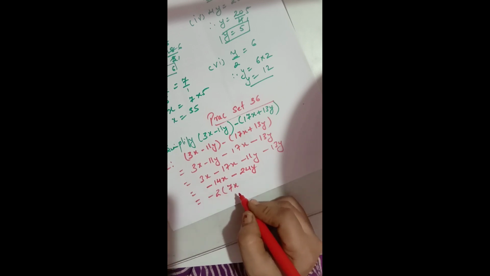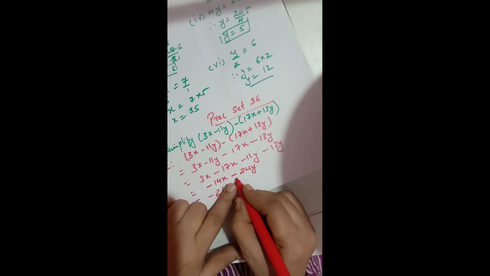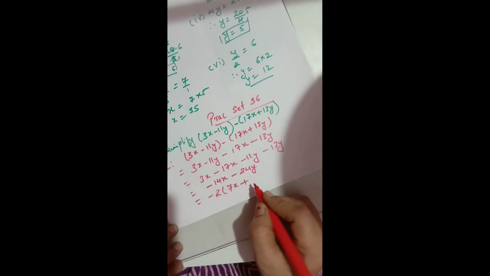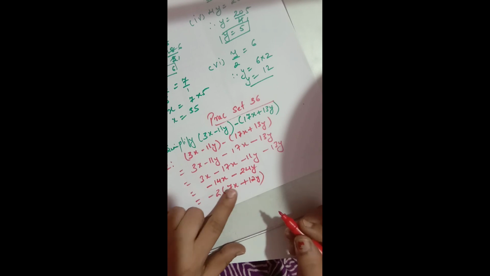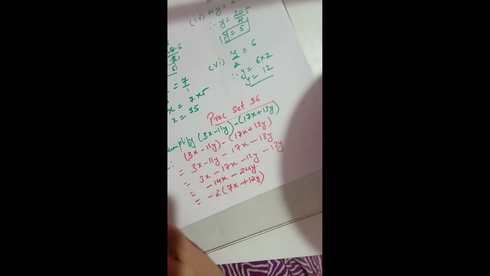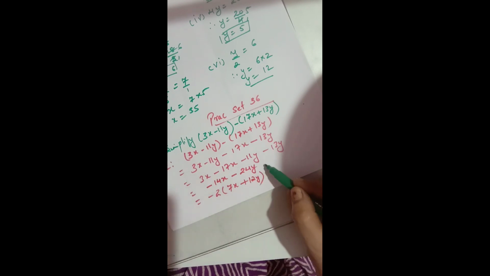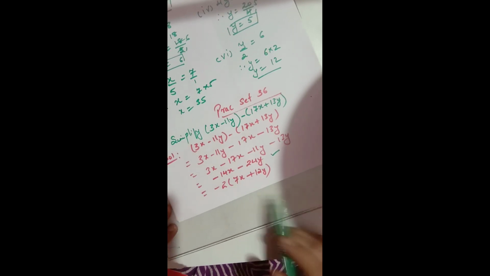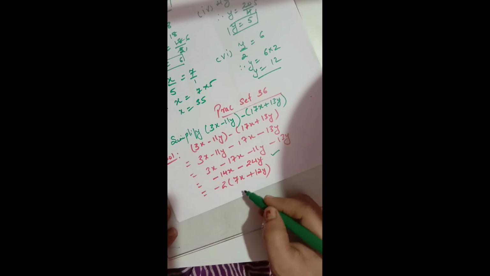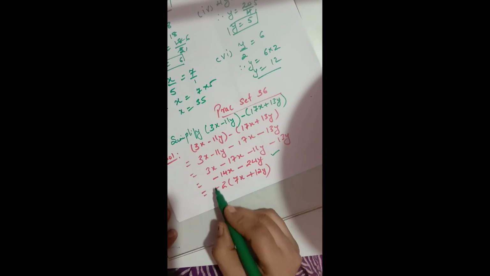This is equal to minus. Now here see children, in the option what they have given, they have taken minus 2 common. So minus 2 common, so in the bracket 7x plus, now whenever you take the minus sign common children, the sign inside the bracket changes. That you have to keep in mind. So it becomes plus 12y. So that is equal to minus 2 into 7x plus 12y.